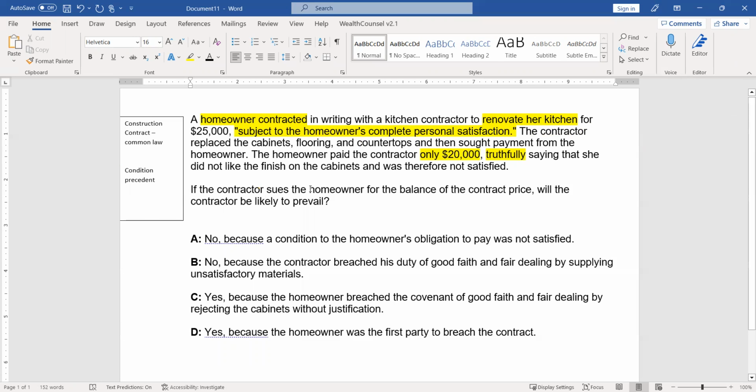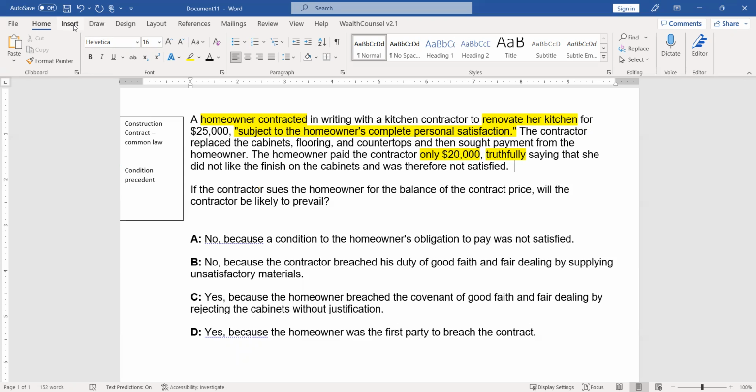If the contractor sues the homeowner for the balance of the contract price, will the contractor be likely to prevail? So our rule was, at this point, I would think the condition is subject to her personal satisfaction. So I'm thinking that it's okay that she did not perform because the condition did not occur.